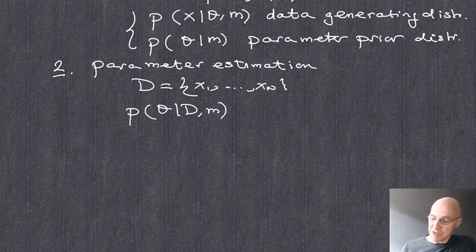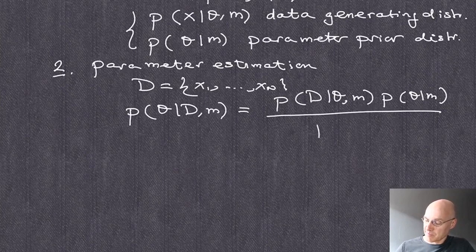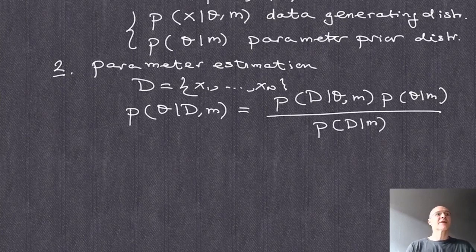Well, we can use Bayes' rule for that, right? Bayes' rule says this breaks down into the distribution for the data given theta and m, times p of theta given m, divided by p of D given m. That's Bayes' rule.